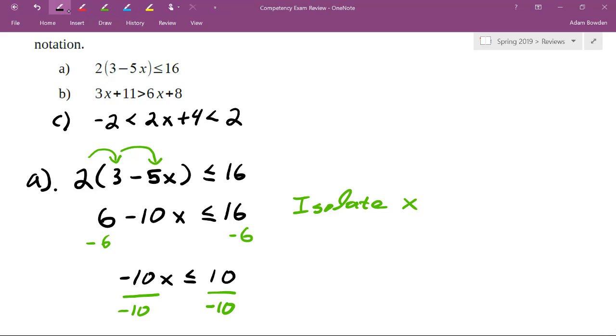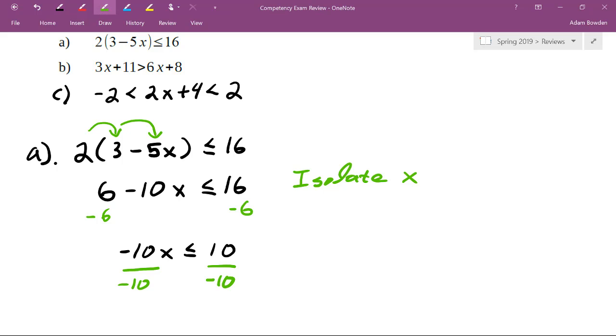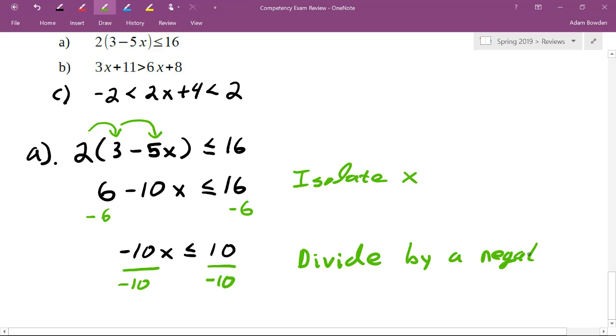And to isolate x, we need to divide both sides by negative 10. Here's the thing that's special about inequalities that we have to watch out for. In this case, we're dividing by negative 10. So if we divide by a negative, we have to flip the direction of the sign in the middle, from less than to greater than.